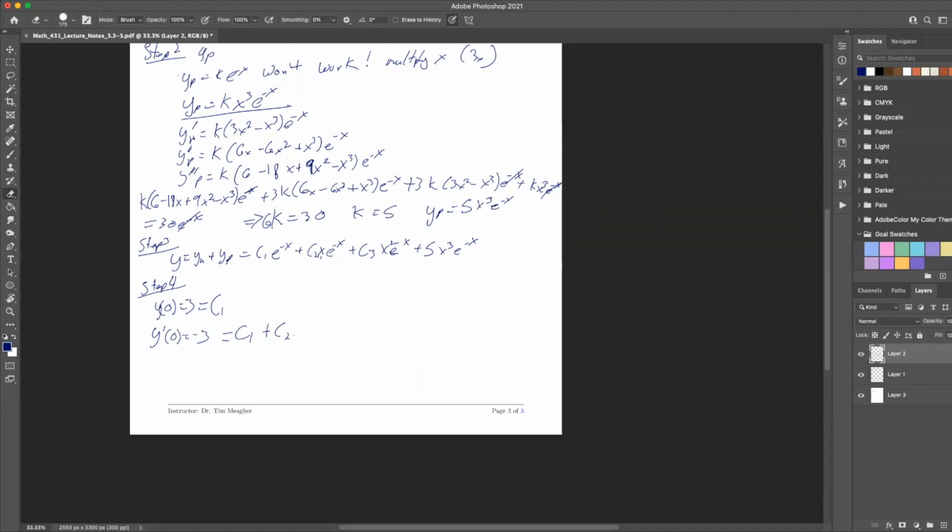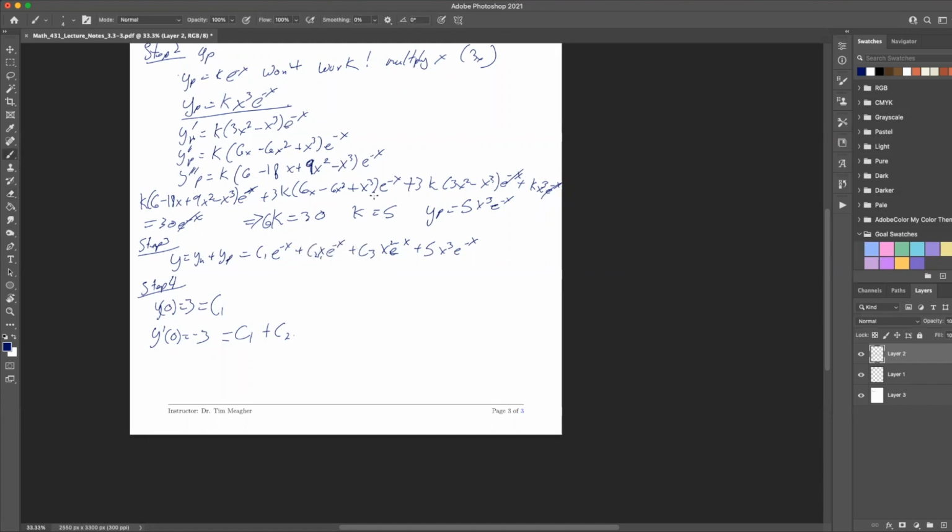Shouldn't the c1 be negative when you take the derivative? Yes. Hold on, let me double check that.